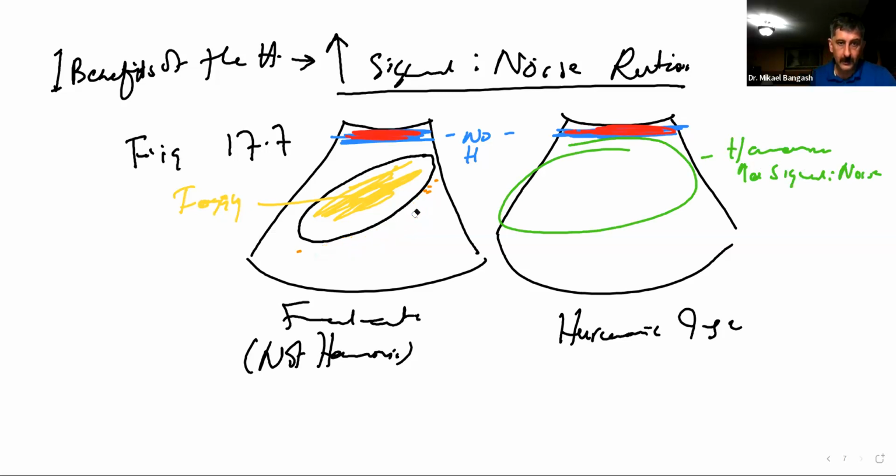So let's say your noise is what is displayed as yellow. Within the structure here, you see that it is more foggy, and when you get that structure here, you see it is more clear.